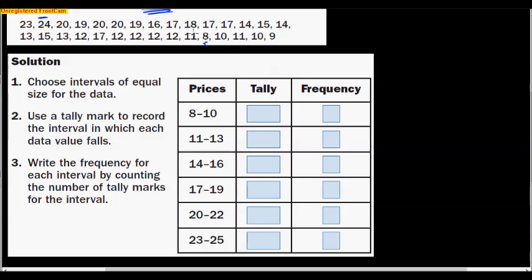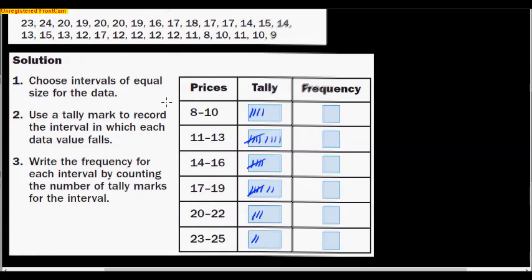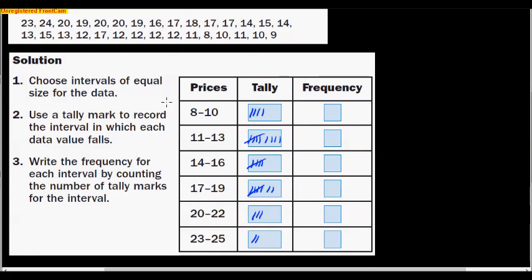So here's what we do. Very easy. You just start at the first one and you go, okay, 23. I put a little tally mark right there because 23 is in this interval. All right, 24. I put another little tally mark right there, and you go right on down the line. Okay, and I'm actually going to pause it and do this. So, all right, and what I did is I jumped ahead and I filled in all of these.